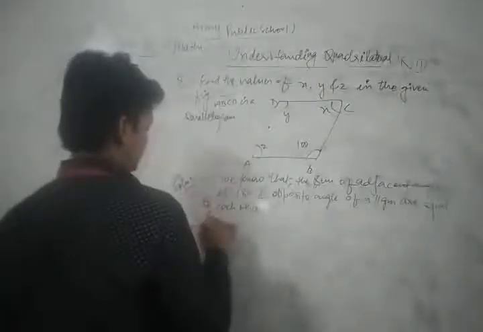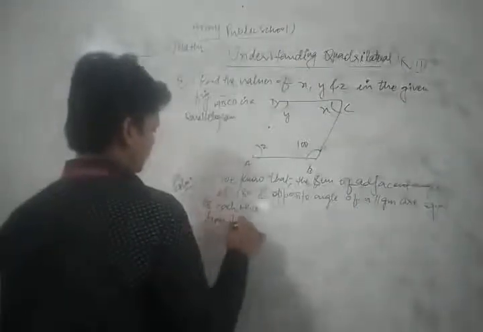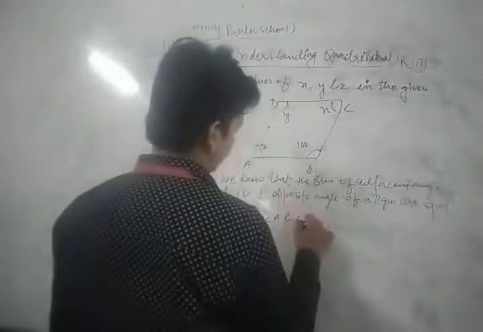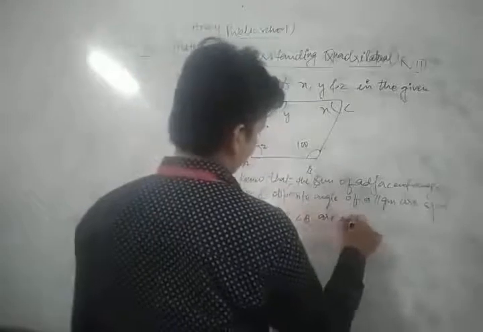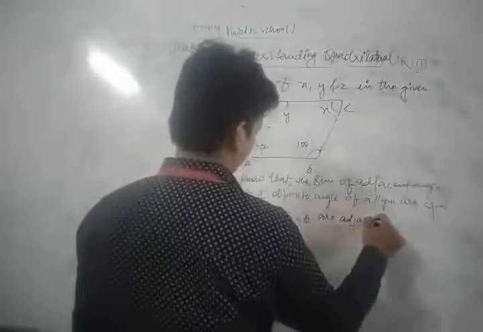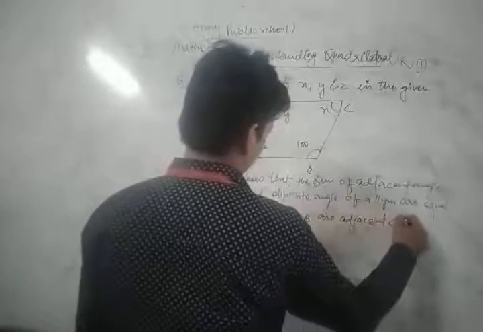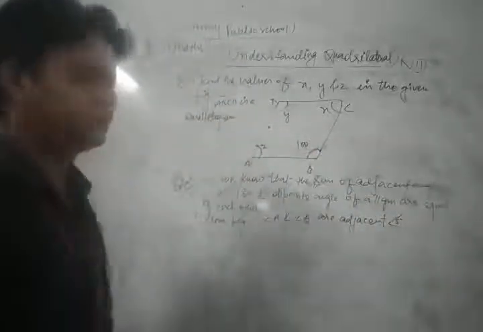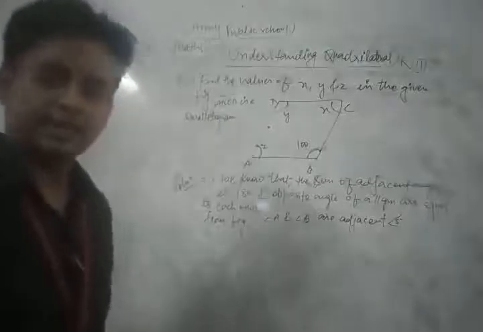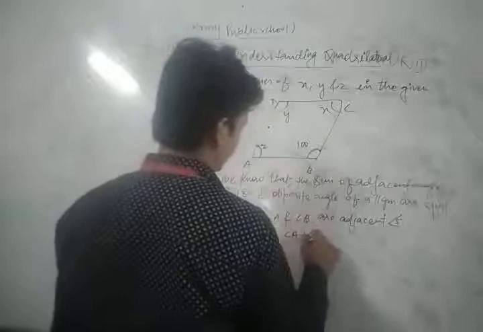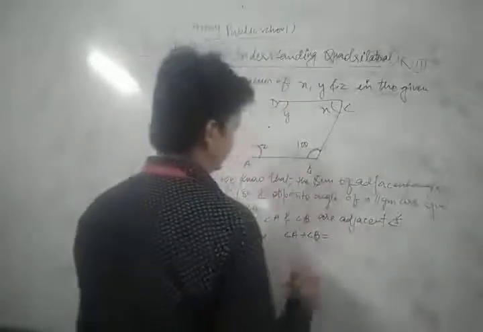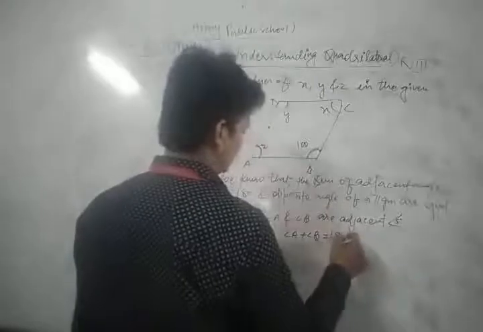Okay, so from the figure, angle A and angle B are a pair of adjacent angles. That is, the sum of their measure is 180. That is, angle A plus angle B is equal to what? 180 degrees.